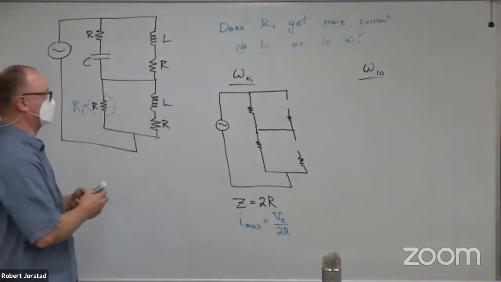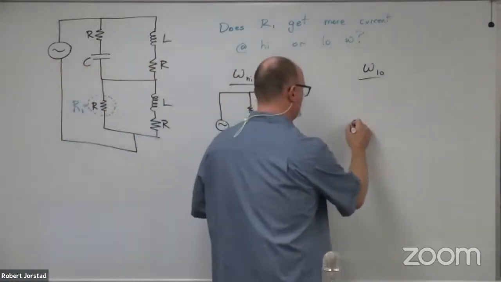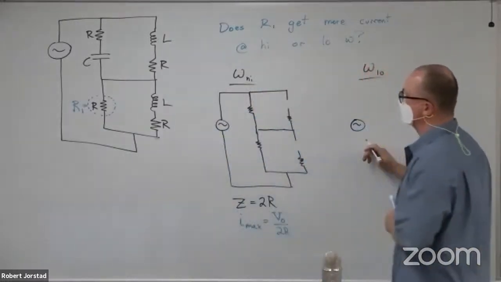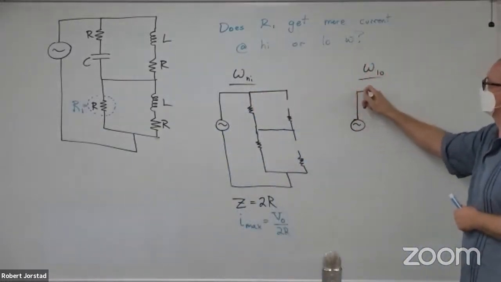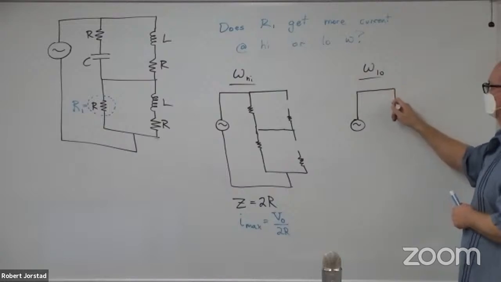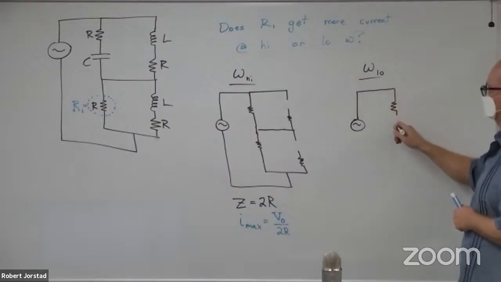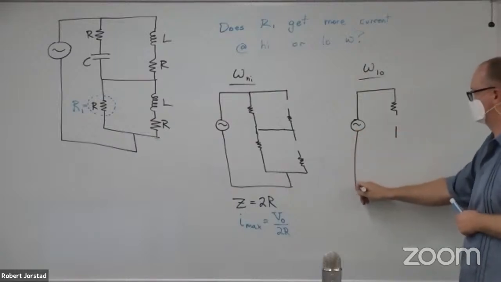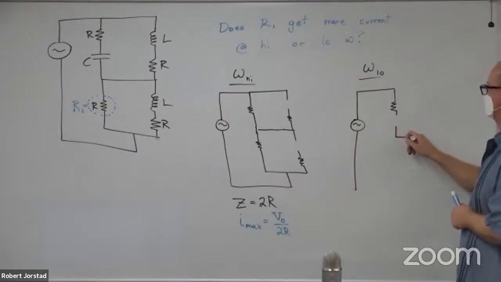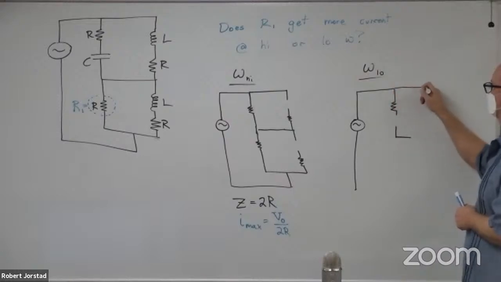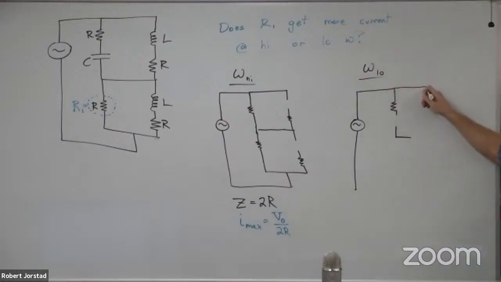All right, so what is the low frequency? I have no idea. Let's see. In this one, there's a resistor here. The capacitor acts like a brake, right? What about the inductors? Short.